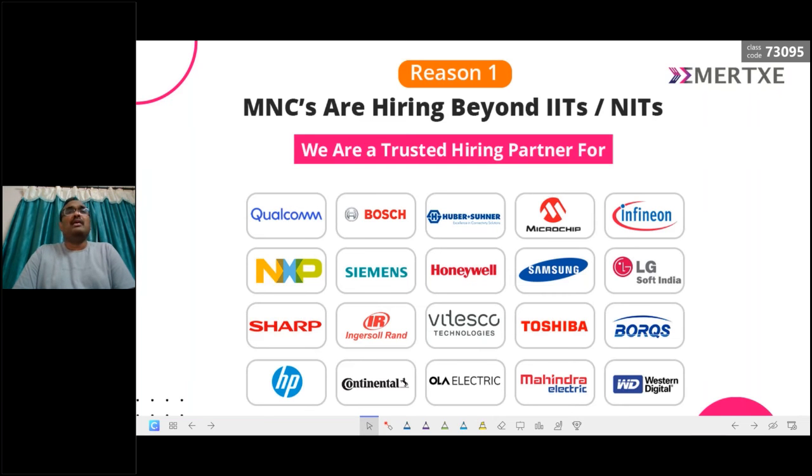During my HP days, it was very clear they had a pre-listed set of campuses where they would go and hire, as with so many other companies whose logos are on the screen. Now they are open to going beyond the IITs and NITs, and a tech company like us is very much sought after.